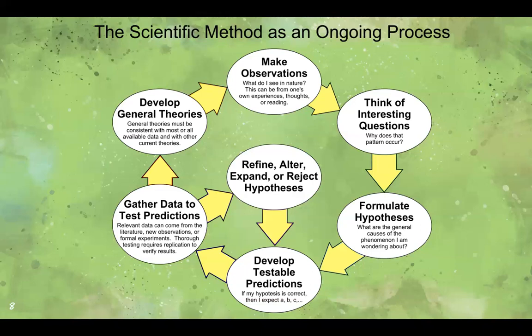Now, after that, you try to think of an interesting question. Why does that pattern occur? That's what it says on the slide here. Now, obviously, experiments and what we call observational studies are trying to answer a question, so it has to be a question that you can test.